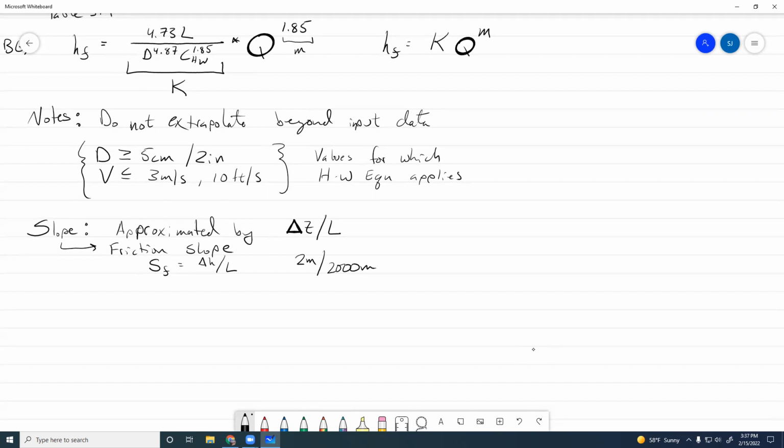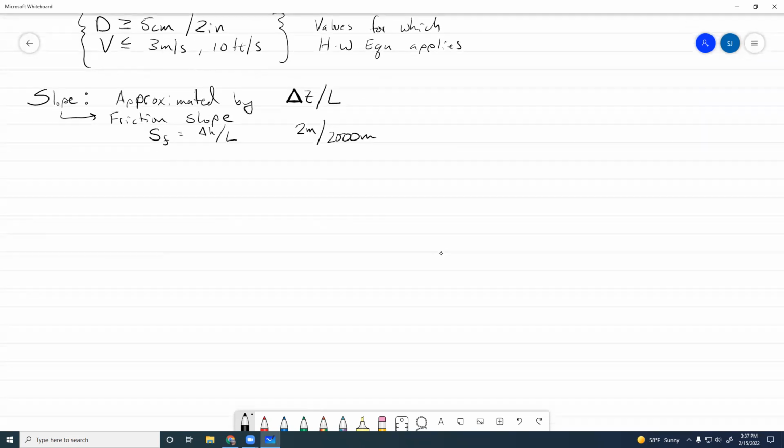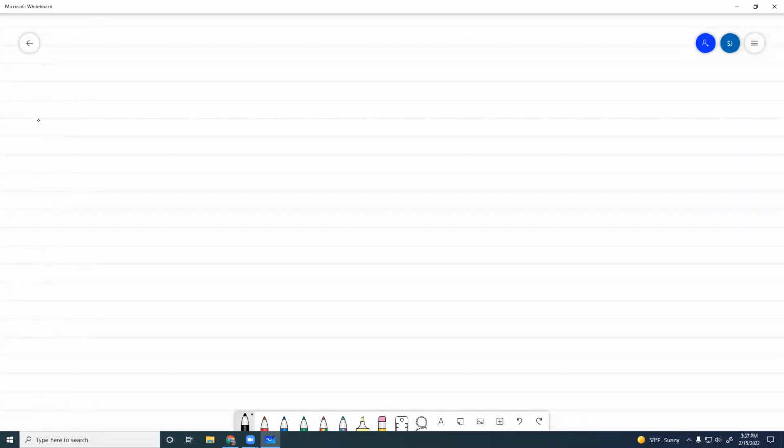All right, I'm going to introduce one more, and then we'll do an example together. It's not often used in pipe flow, but it can be used as an approximation: Manning's equation. It's mostly used in open channel flow. That's where it came from originally.